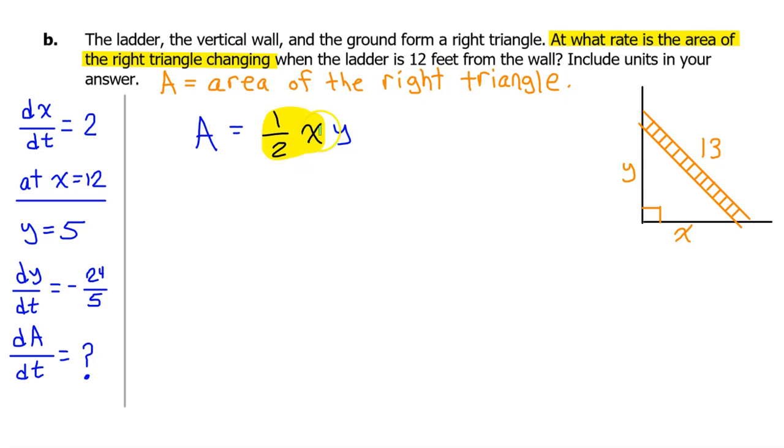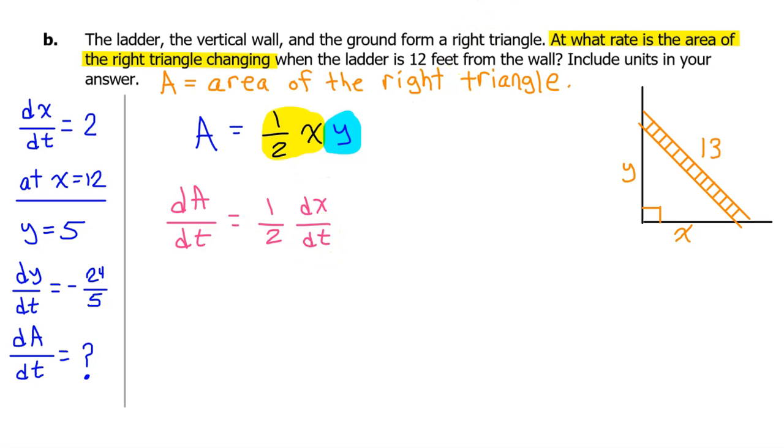So we have the yellow factor and we have the blue factor. So the derivative of the left-hand side is the dA dt that we are looking for. But for the product rule, we sort of go through it twice. The first time through, we take the derivative of the yellow factor. So I'm just going to bring down that constant. But the derivative of x with respect to t is dx dt.